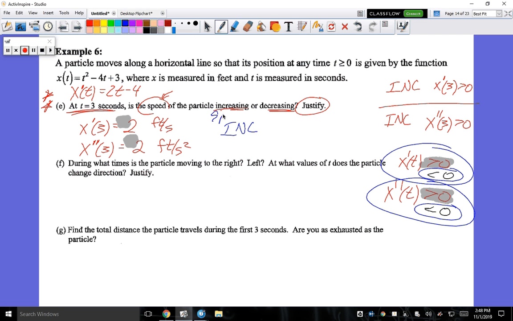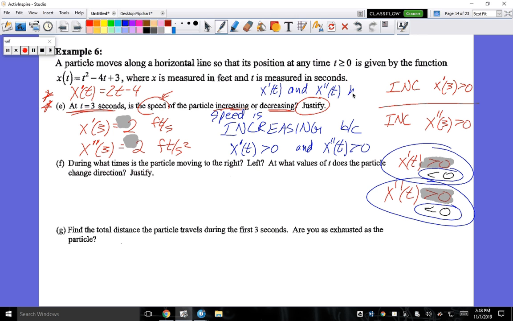So you'll say speed is increasing because the first derivative is positive and the second derivative is positive. In other words, x prime of t and x double prime have the same signs.